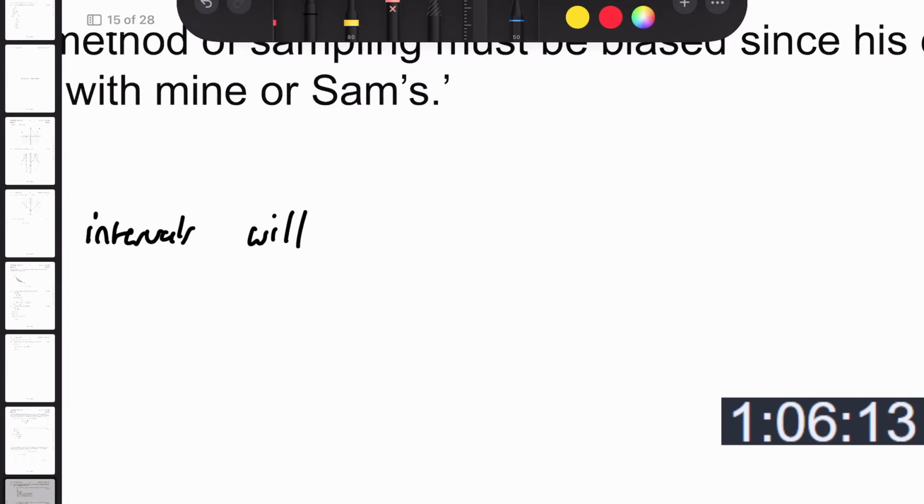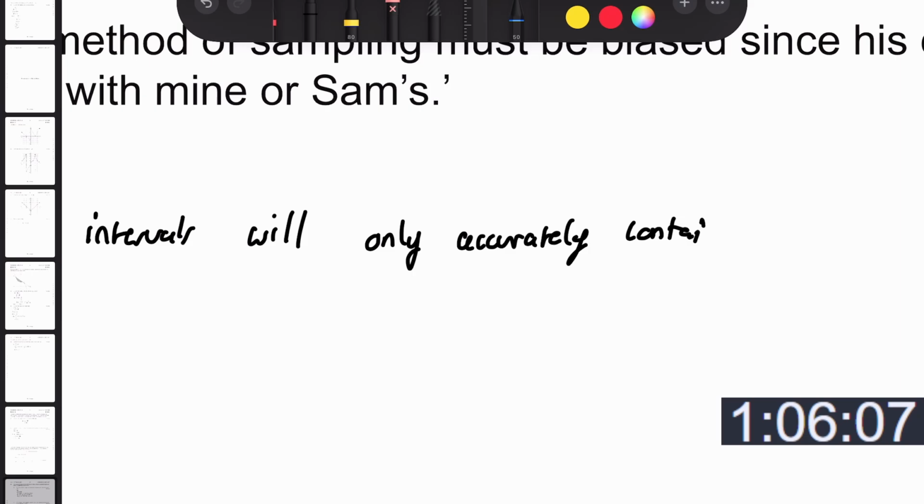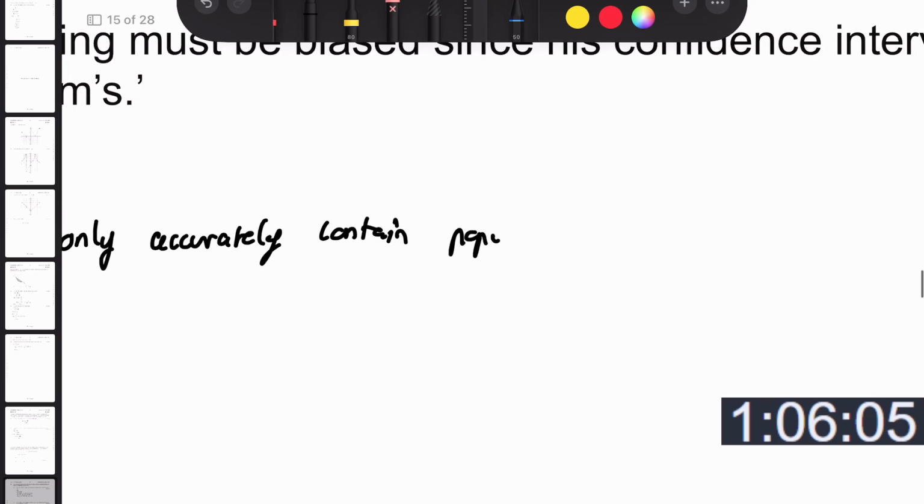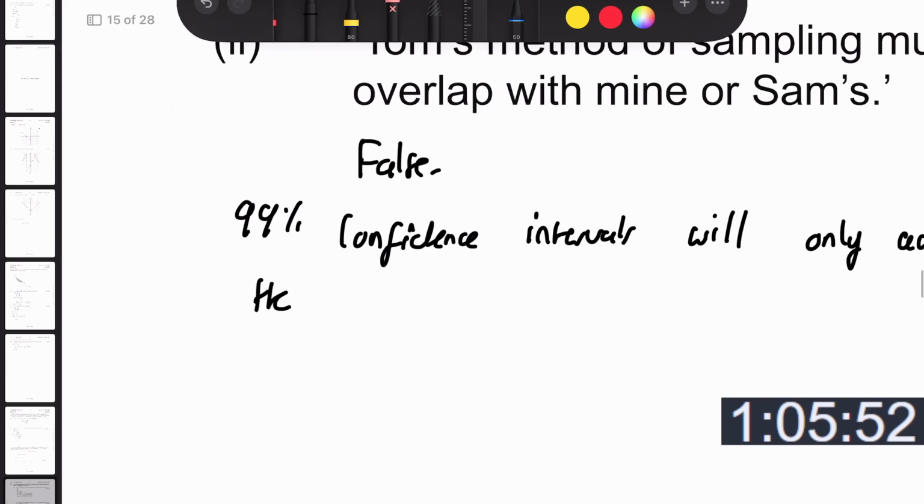No, 99% confidence intervals will only accurately contain the population mean mu 99% of the time. It is not a certainty.